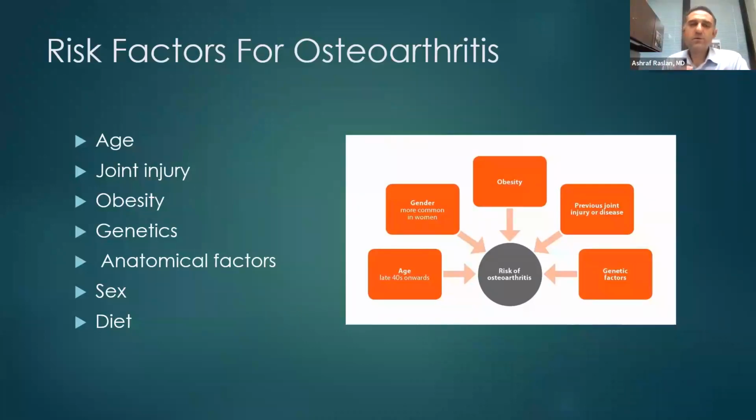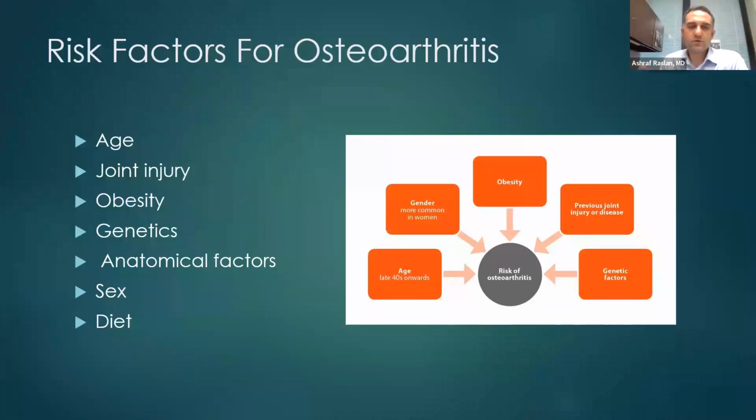Obesity is maybe one of the most important factors because obesity is potentially a modifiable factor, and it causes osteoarthritis in two ways. One is the abnormal physical load on the hip and knee joints, and this can lead to more stress on the joint, on the cartilage, on the ligaments, and more joint injuries.